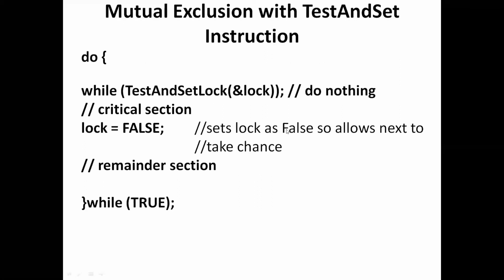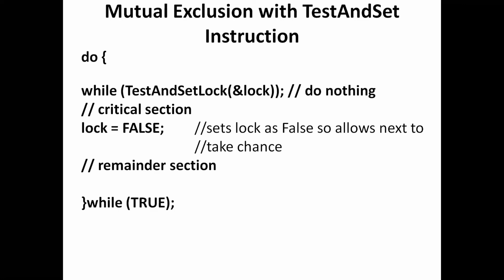Whatever algorithm we write as a solution to the critical section problem should satisfy the three requirements: mutual exclusion, progress, and bounded waiting.